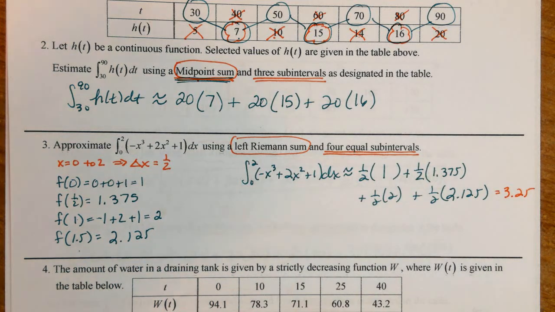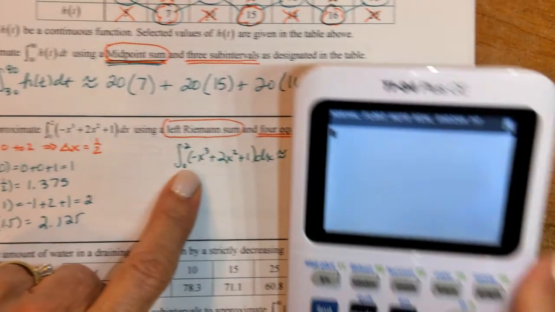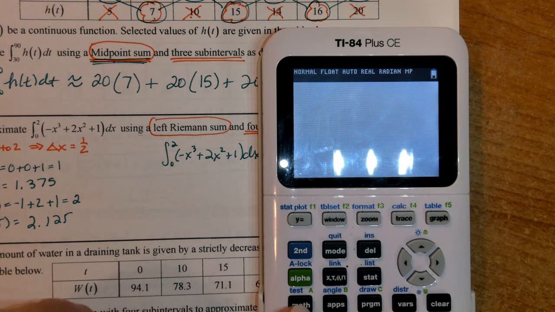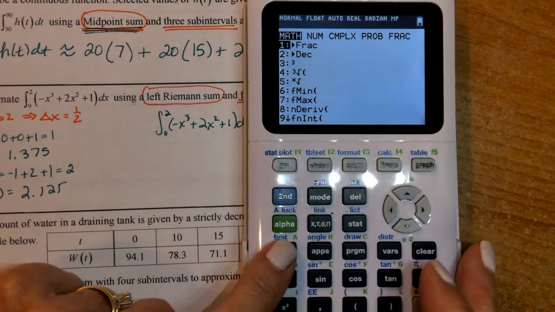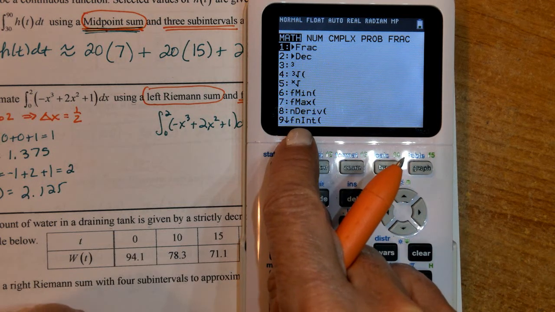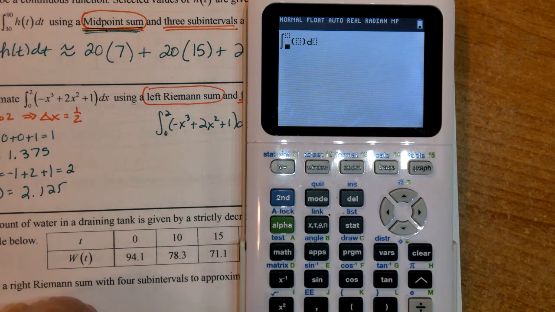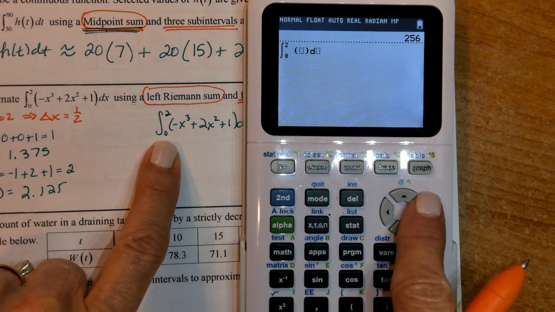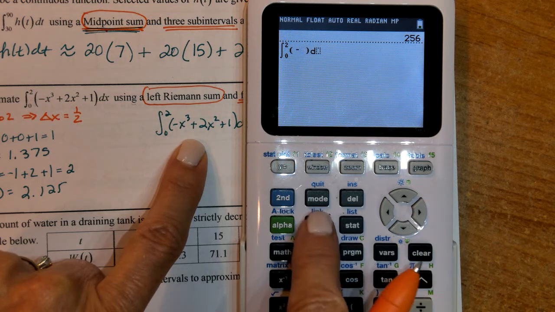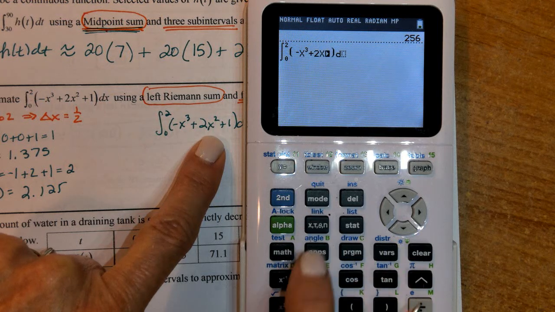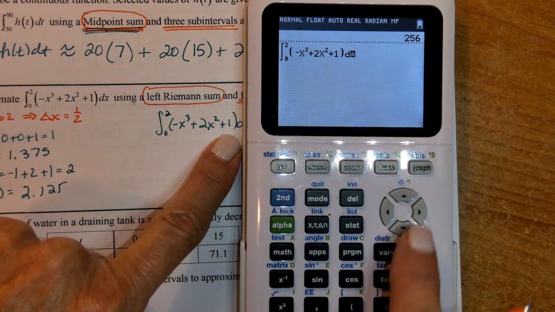And in our calculator, we can compute this, which is called a definite integral. If I hit the math button and go down to number 9, math 9, 0 to 2, negative x cubed, plus 2x squared, plus 1 dx.